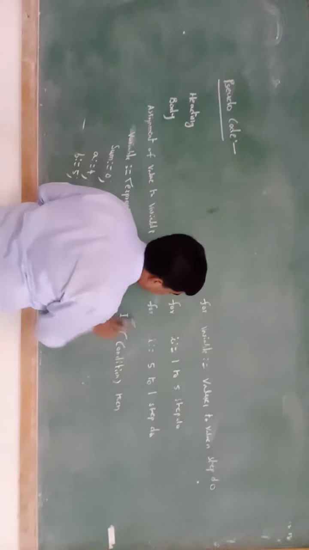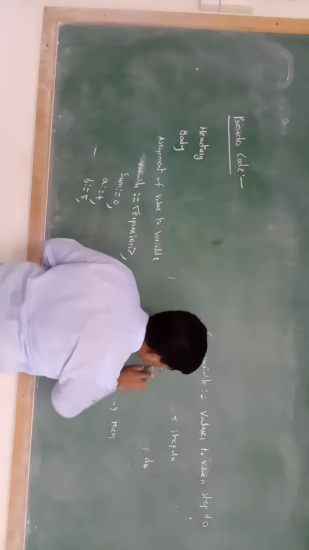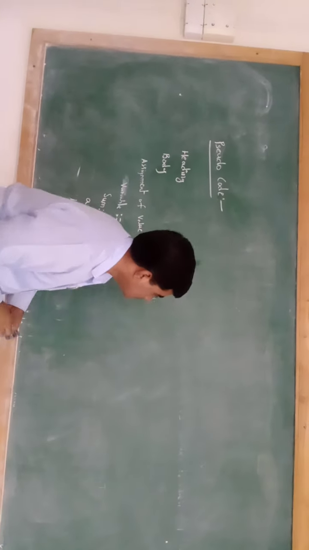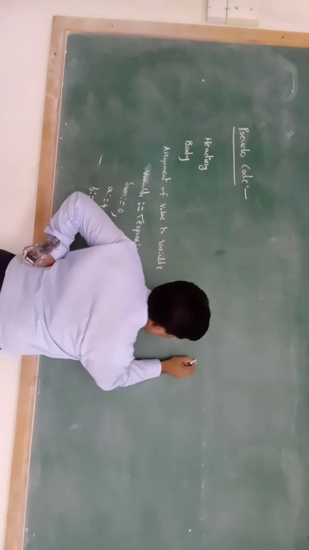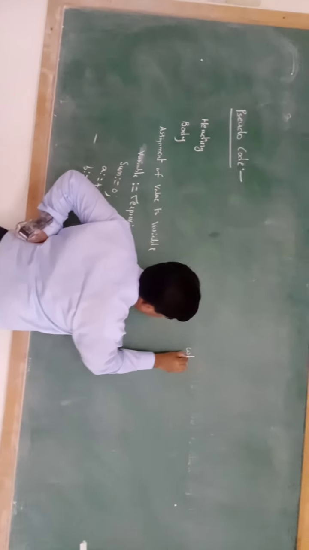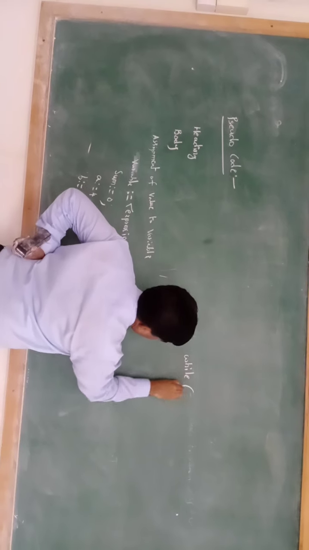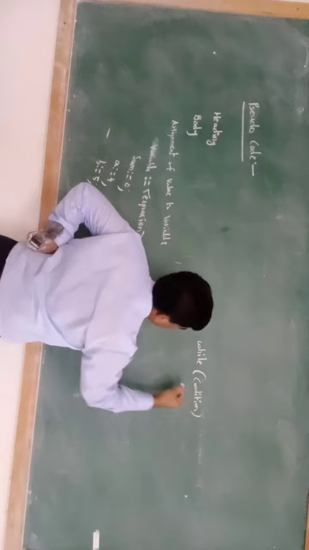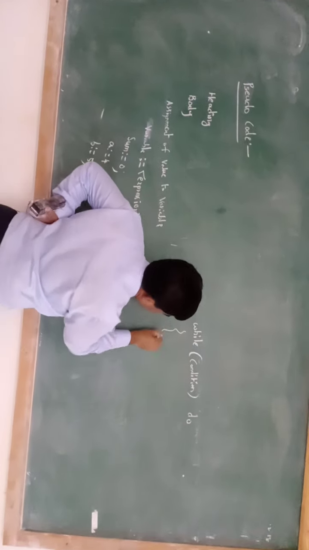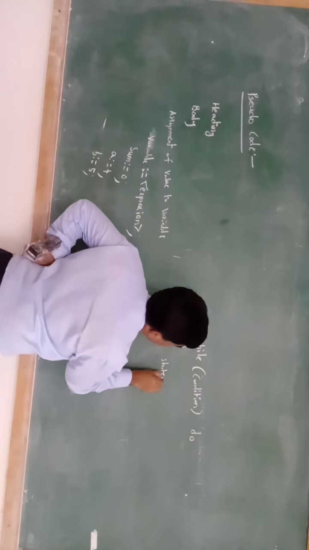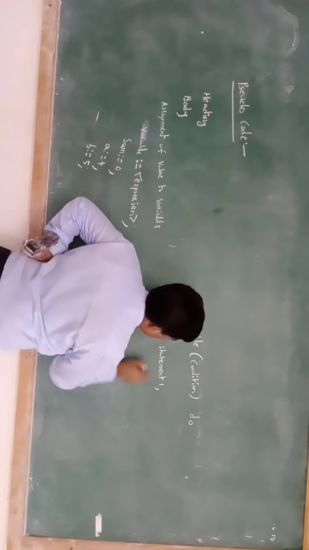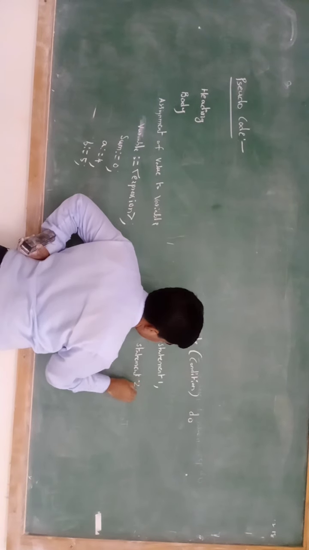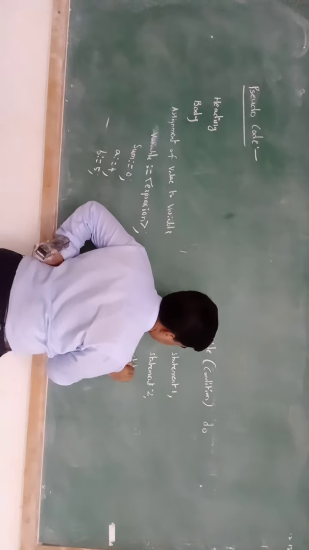Next, the do while. Here, while condition, first we write the condition, do, then statement 1, statement 2, up to statement n.